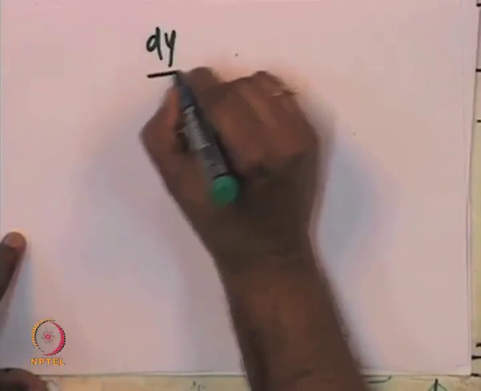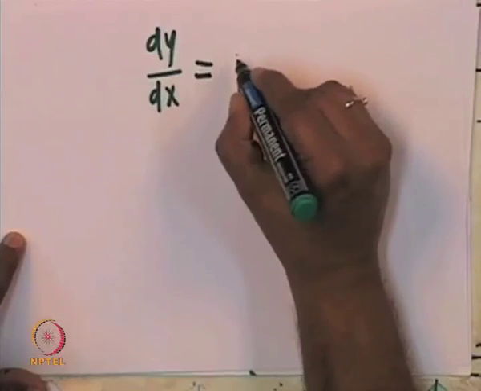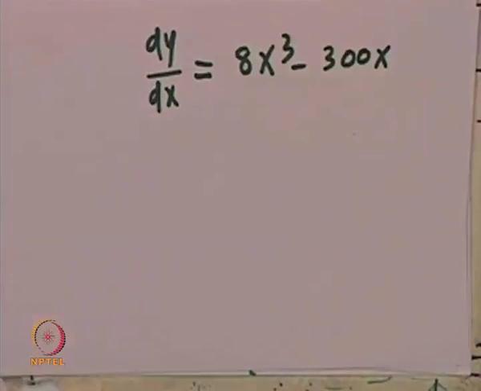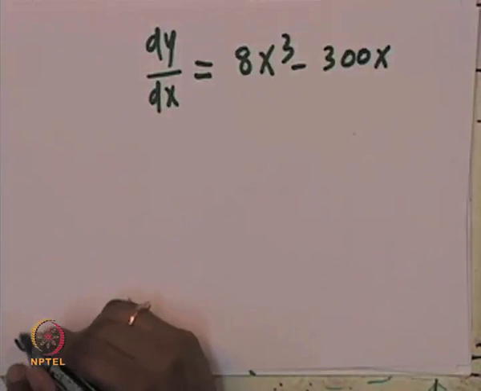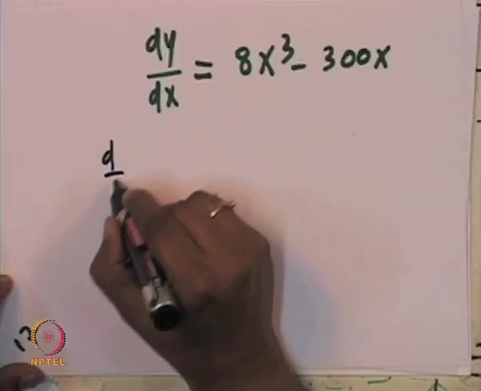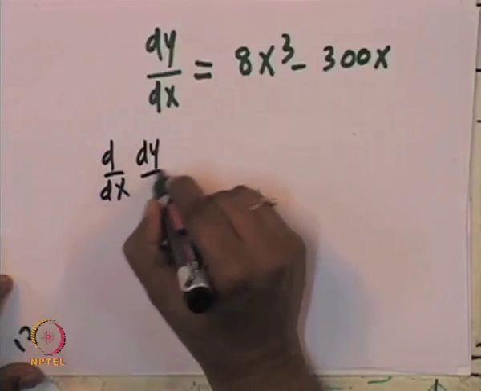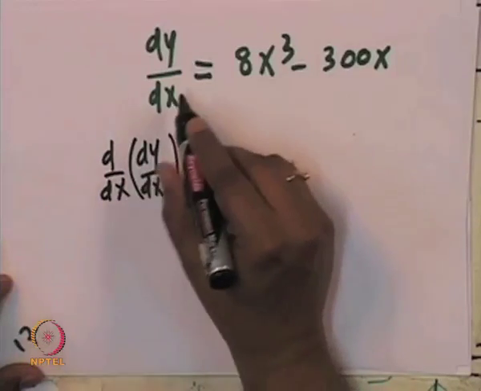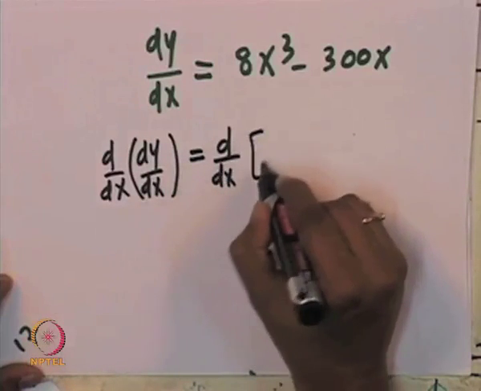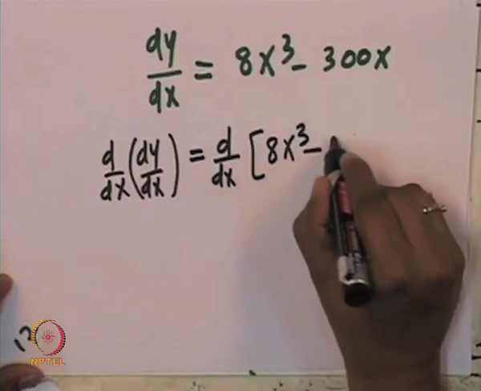The first derivative is 8 x cube minus 300 x. Now, we want to find out the second derivative. The second derivative is d by dx of dy by dx, one more derivative of this, which is d by dx of 8 x cube minus 300 x.